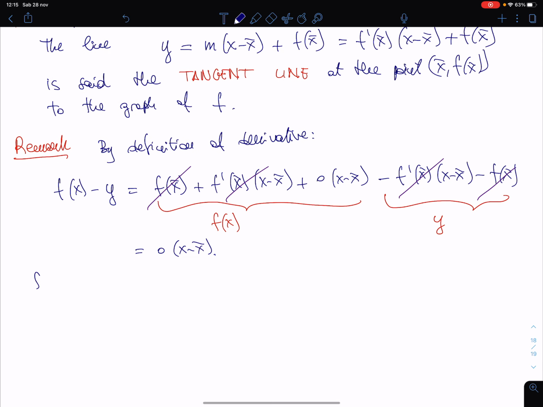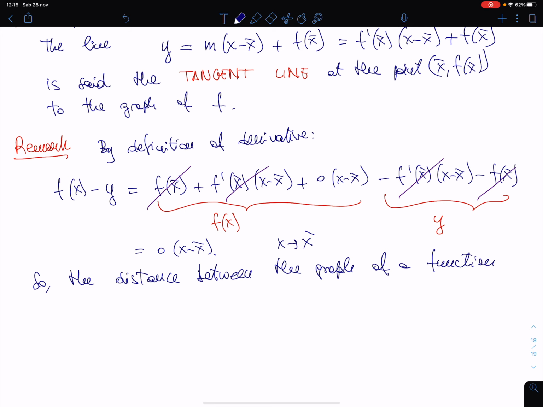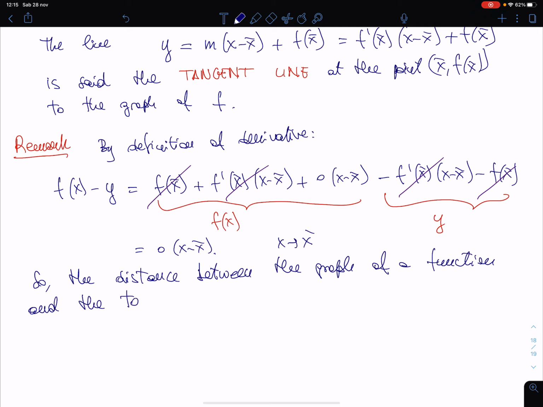So, interpretation: of course for x going to x bar, the distance between the graph of a function and the tangent at x bar, f of x bar, this distance is little o of x minus x bar as x goes to x bar.